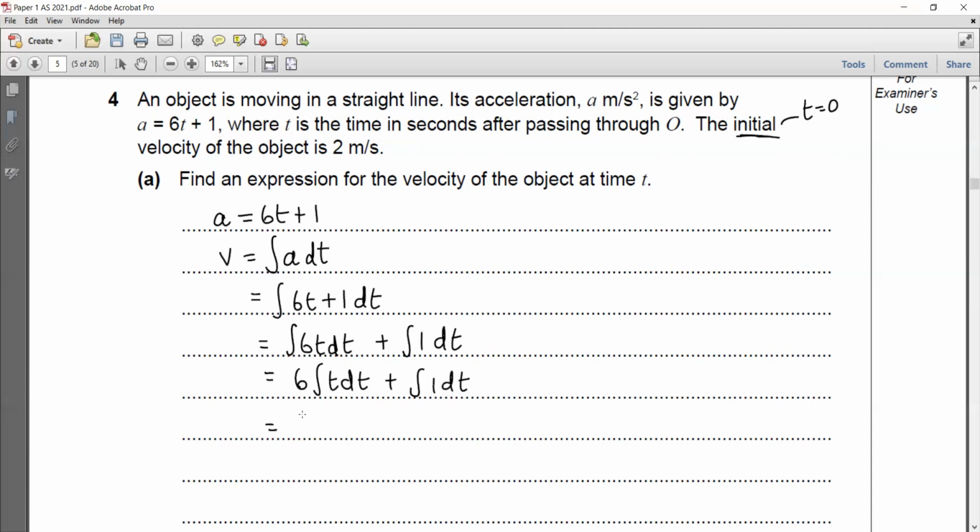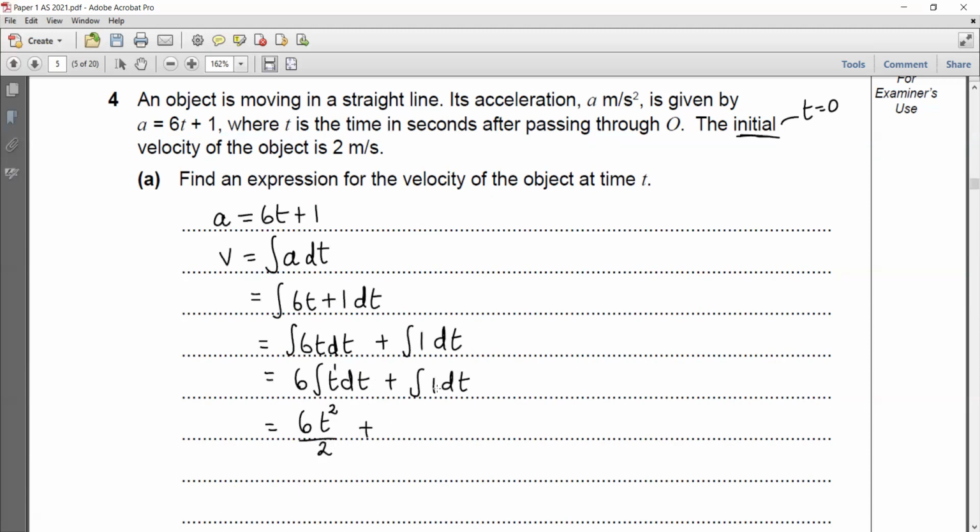Integrating, the 6 will remain out. Now this t is t to the power of 1. Integration is the reversal of differentiation, so when you integrate, you add 1 to the power. So you'll have t to the power of 1 plus 1, which is 2, and then you divide by this 2.